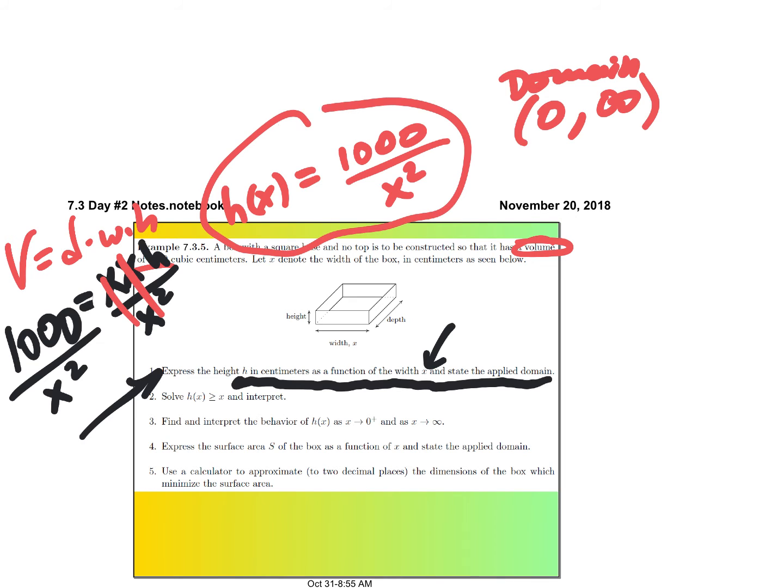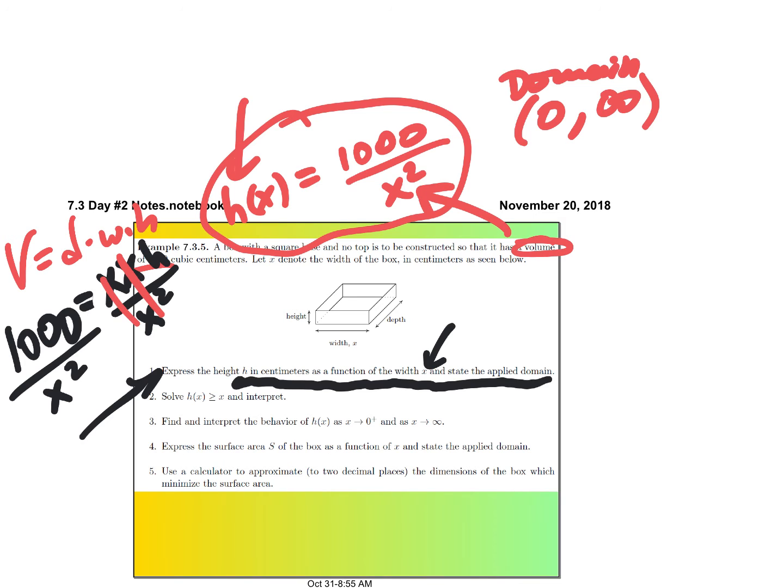It says solve this and interpret. Well, basically, the height depends on the width you pick. Does that make sense to you? If you're going to have a volume of 1,000, the height depends on what box width you pick. If you pick a really big width, you have to have a small height.